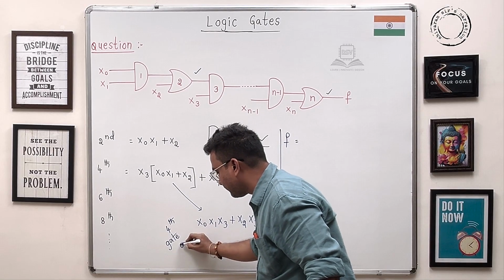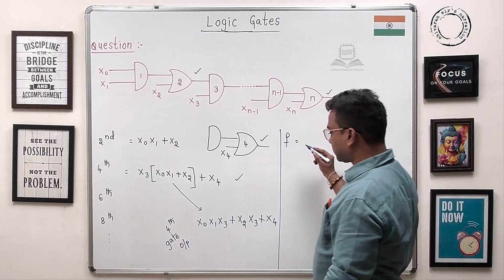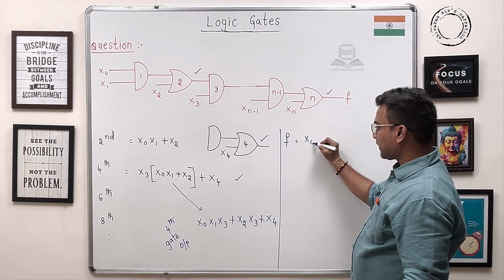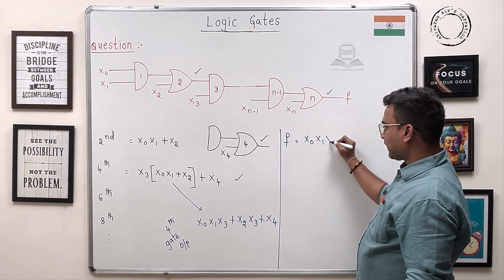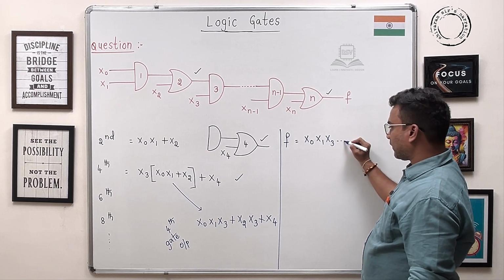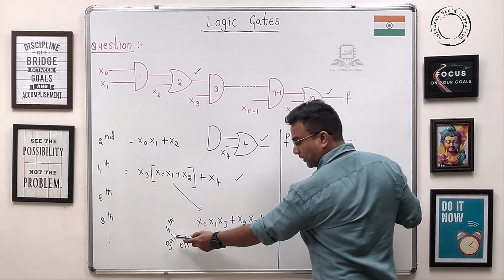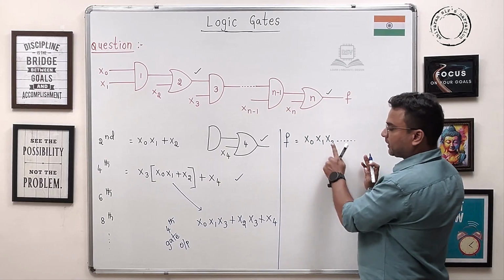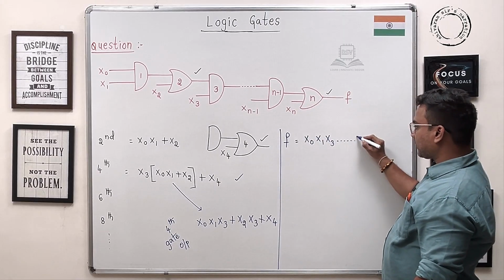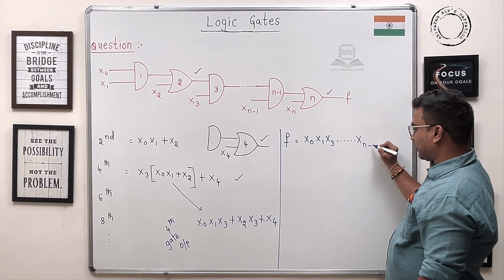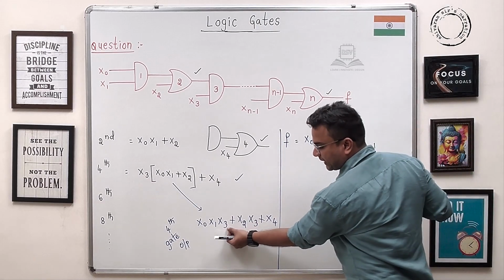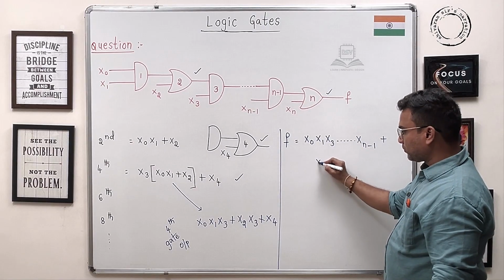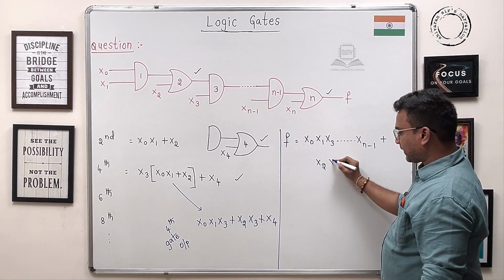Now in the same way, for the nth gate, the output will be like x0 x1 x3 and so on. For the fourth gate you got x3. For the nth gate obviously you will get xn minus 1, plus x2 x3.